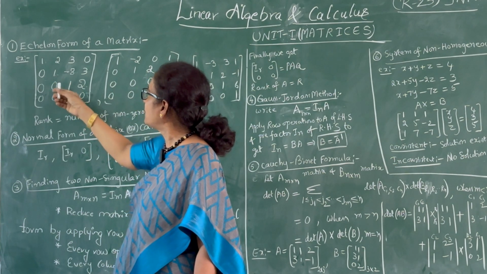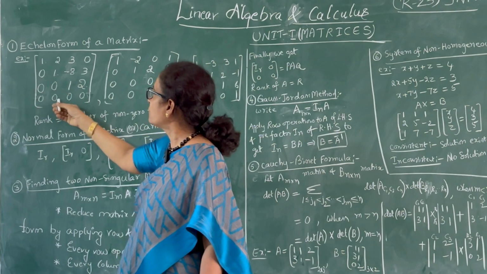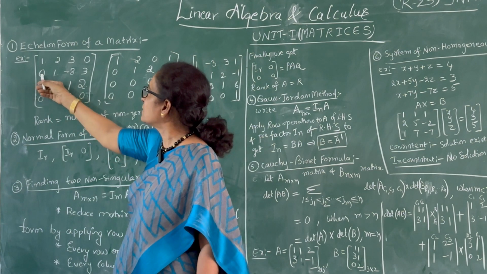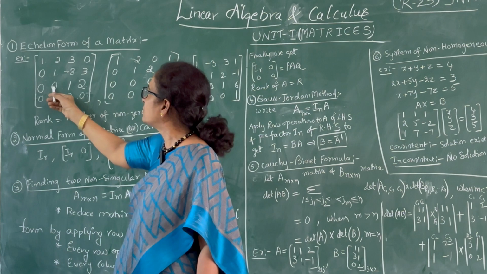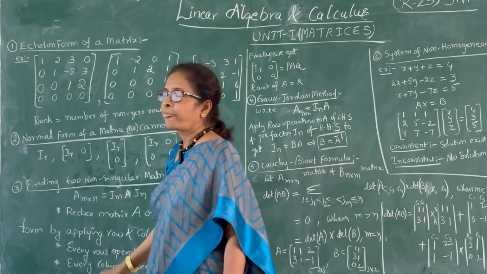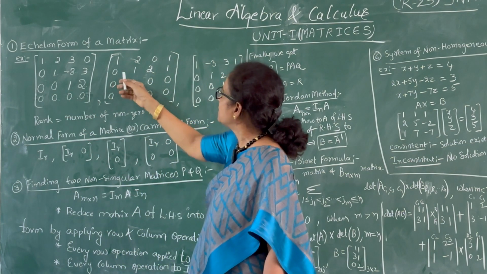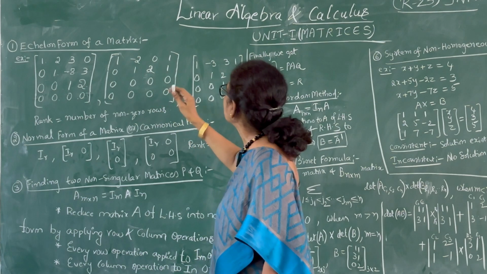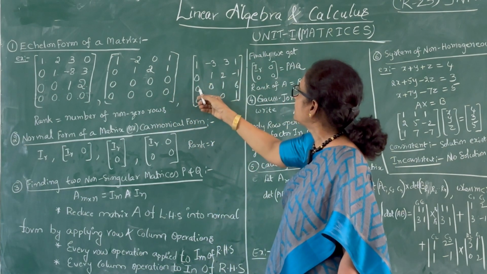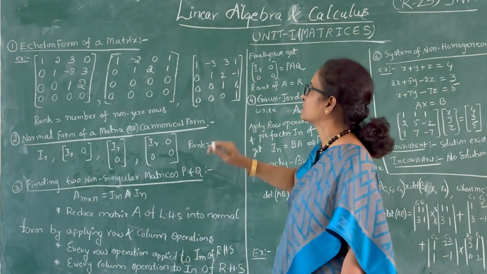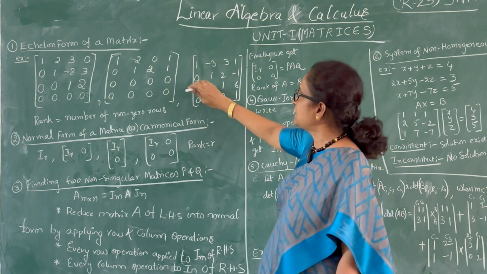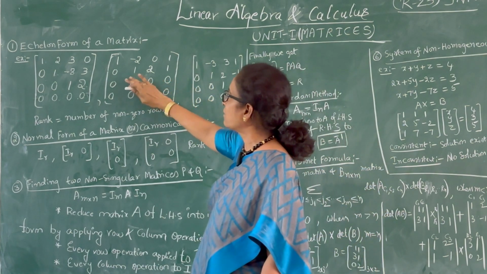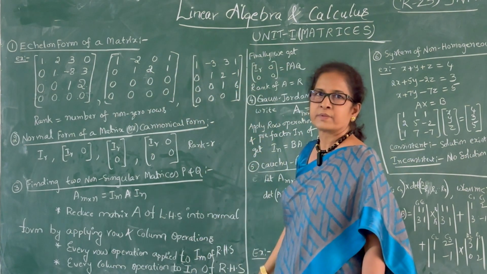Before this element we have 2, here 4. So the number of zeros are increasing, 1, 2, 4 like this. Here we have 1 zero, 2 zeros, 3 zeros. So this is the structure of echelon form of a matrix.